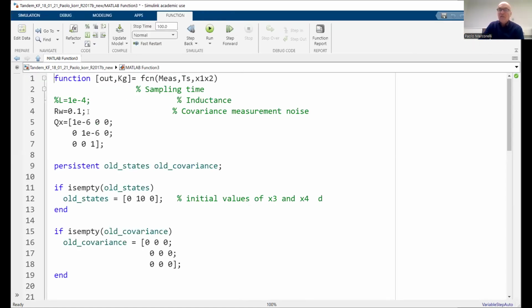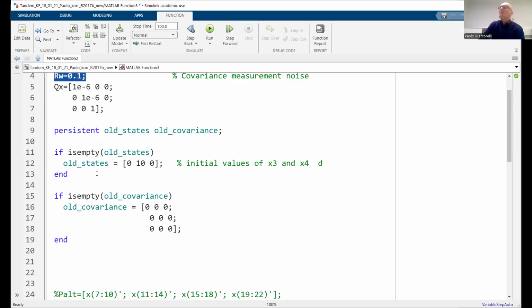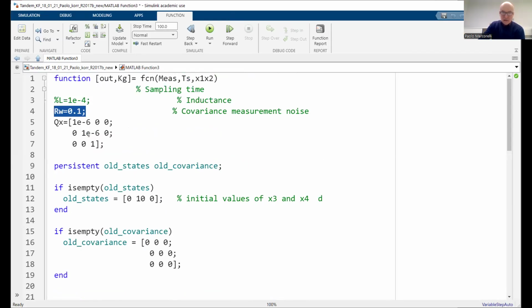Of course, we have just one state which we measure. You remember, we measure x3, the position of the model. But we can see 3 states: x3, x4, and d.